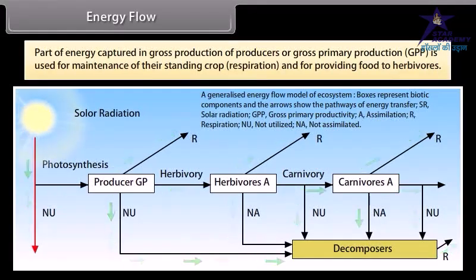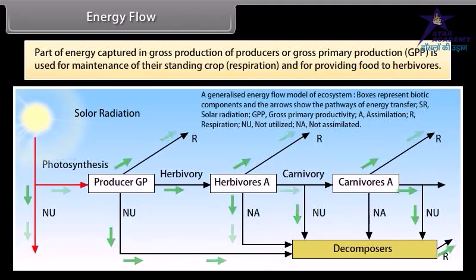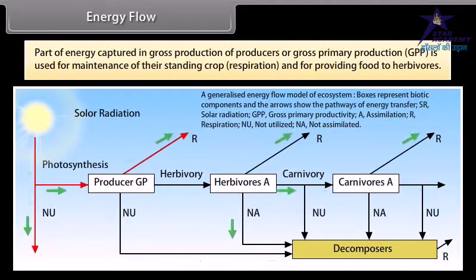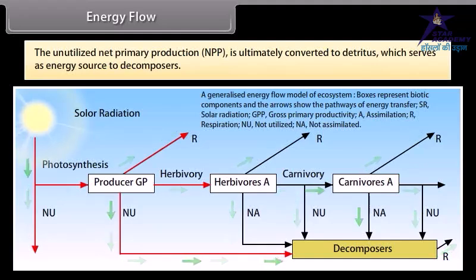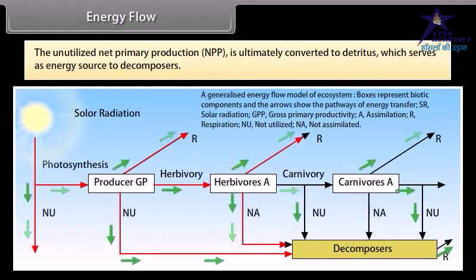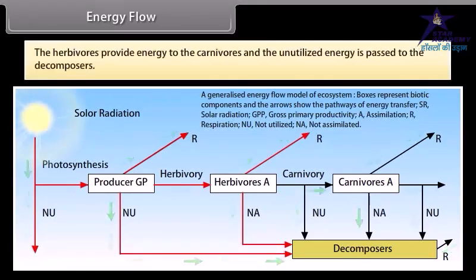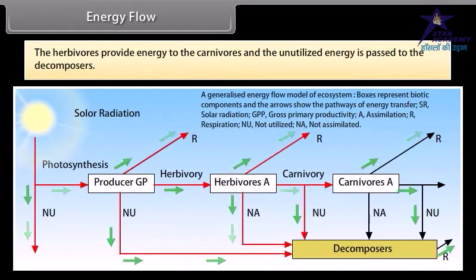Part of the energy captured in gross primary production (GPP) of producers is used for maintenance of their standing crop, respiration, and for providing food to herbivores. The unutilized net primary production (NPP) is ultimately converted to detritus, which serves as an energy source to decomposers. The herbivores provide energy to the carnivores, and the unutilized energy is passed to the decomposers.